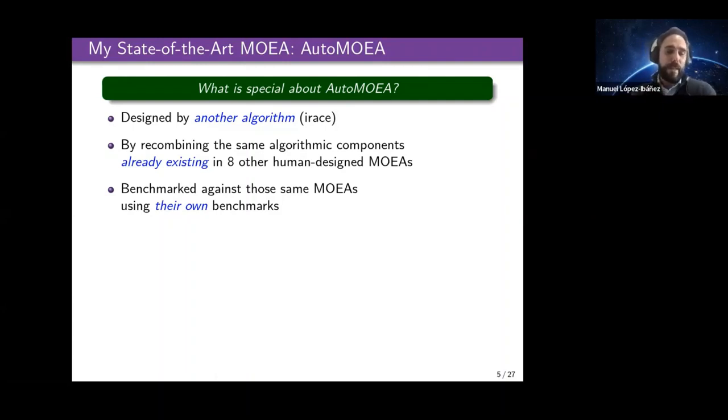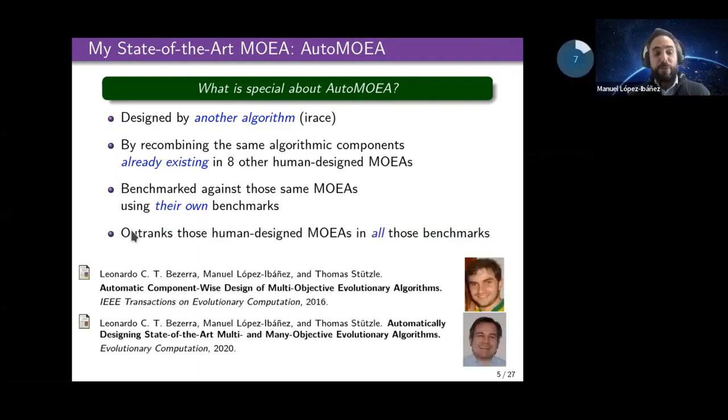The result was quite surprising because it was able to clearly outrank the human-designed MOEAs in all those benchmarks. In fact, if the benchmarks differ from the standard ones used in the field, then the advantage of AutoMOEA grows further.